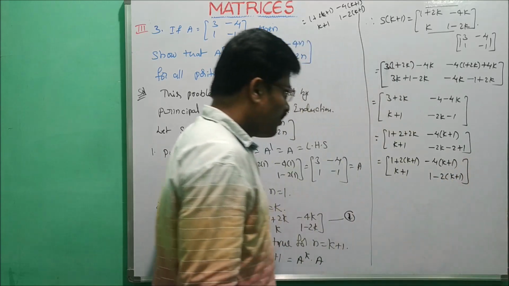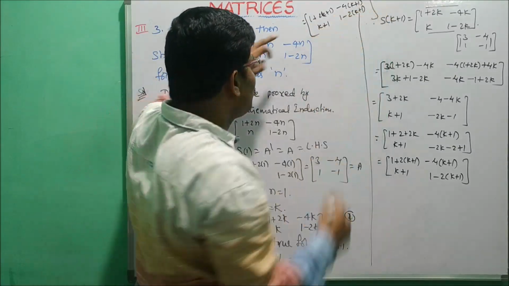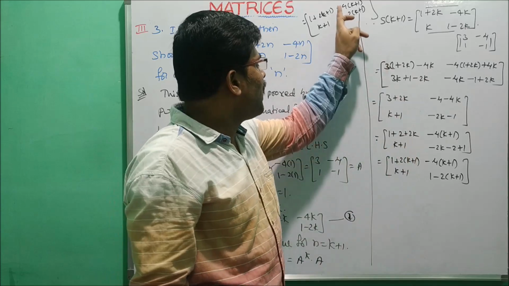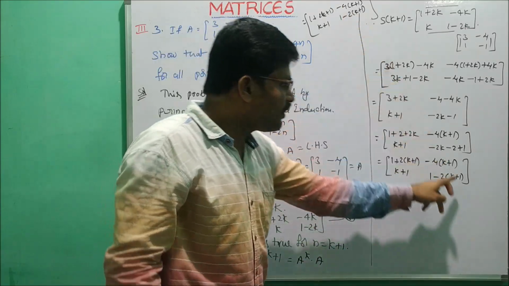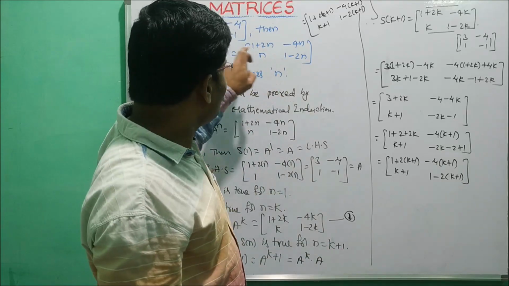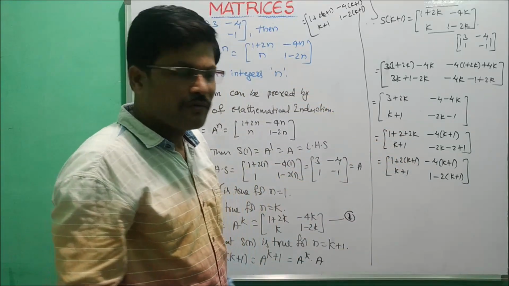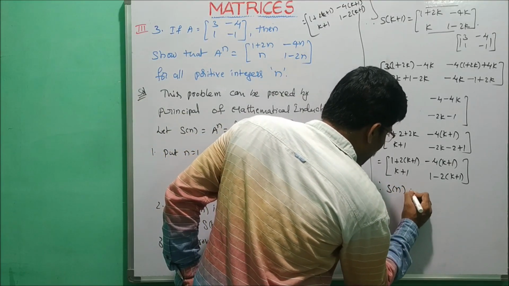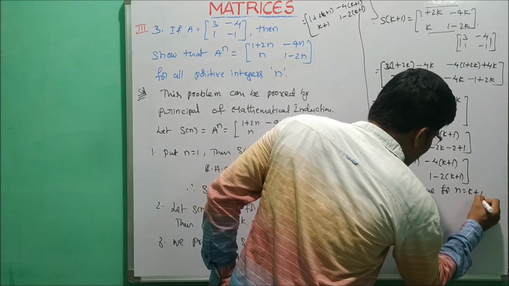Observe this one: the first element is 1 plus 2 into k plus 1, minus 4 into k plus 1, k plus 1, 1 minus 2 into k plus 1. Now here in that, a power n is replaced by k plus 1. Therefore, S of n is true for n equal to k plus 1.